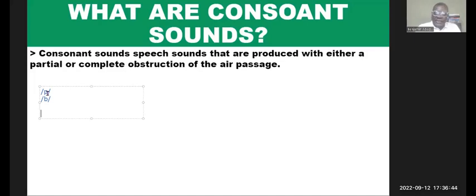Now, a different thing happens if we have to produce the sound of S, which is a fricative. This one involves a partial obstruction of the air passage. Let's assume I want to produce the sound of the word seed.